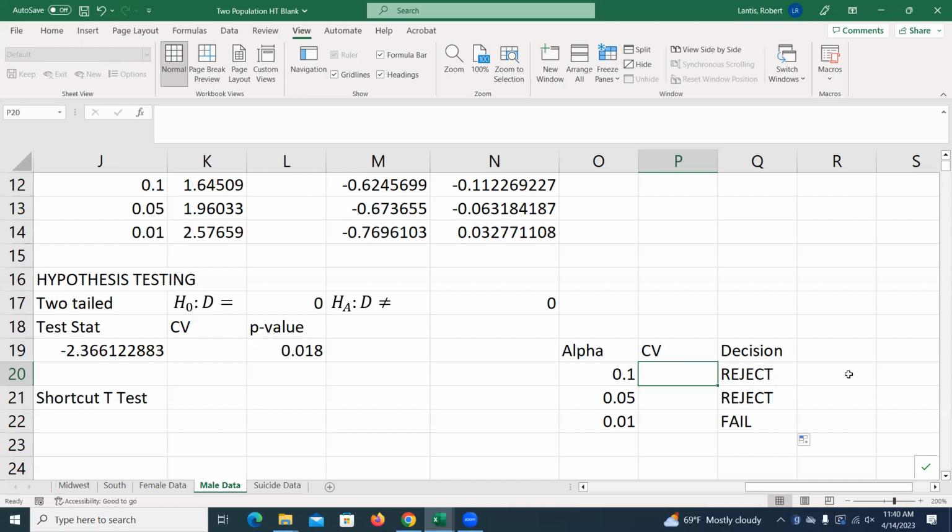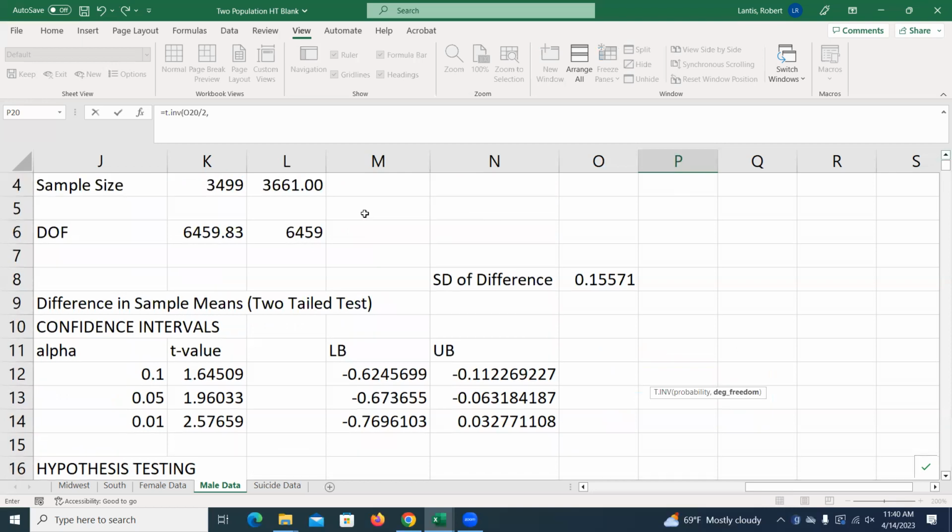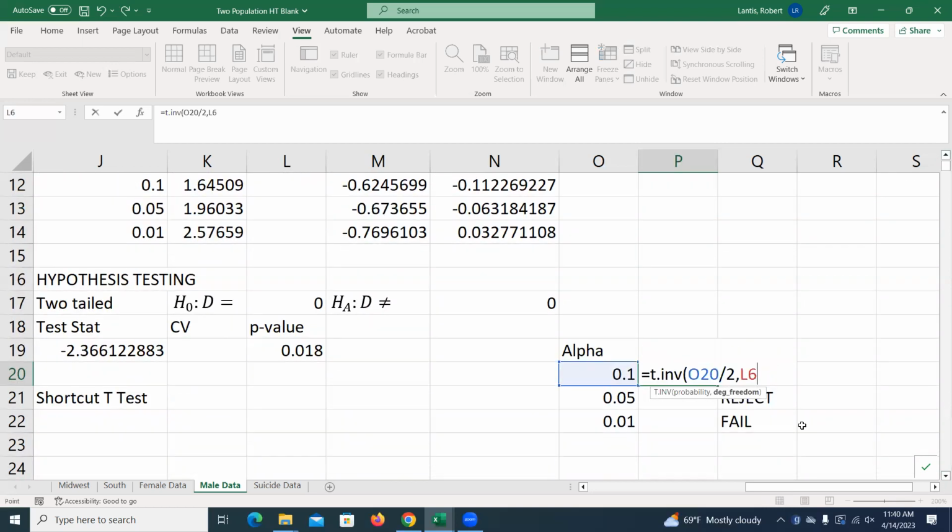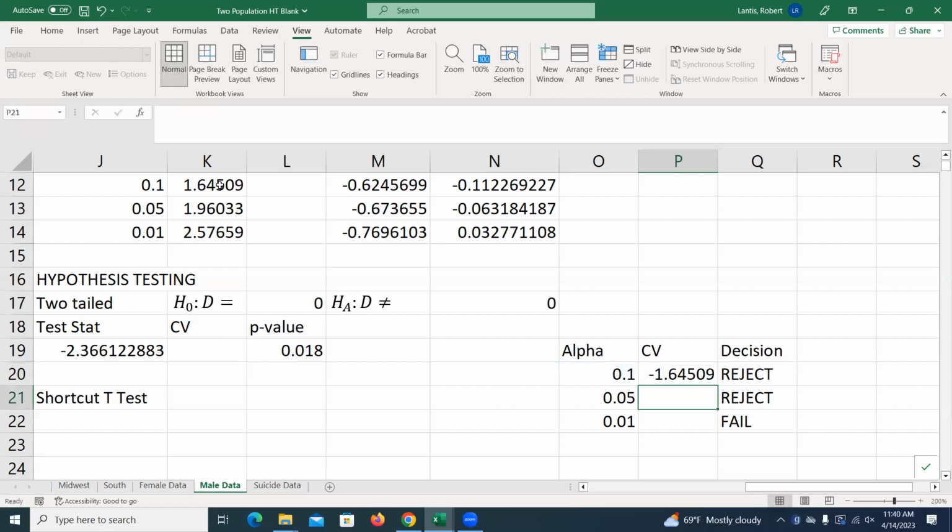If you didn't have a two-tailed test, it's a little bit different. But really all we're doing is asking, what's the area that I want in the tail? Alpha divided by 2, comma, what's my degrees of freedom? Go up here, select that, and go back down so you can see the reference. Sure enough, I get the exact same value.